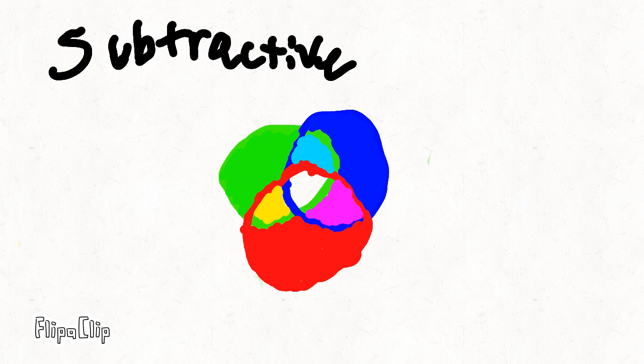Now, what about RGB? You've heard of that. This is subtractive. So we have green, blue, and red. Well, it's sort of the same concept. Take green and blue, you get cyan. It's a little bit obvious.